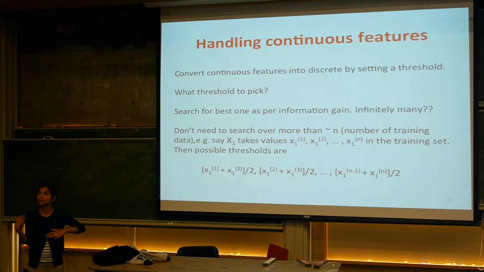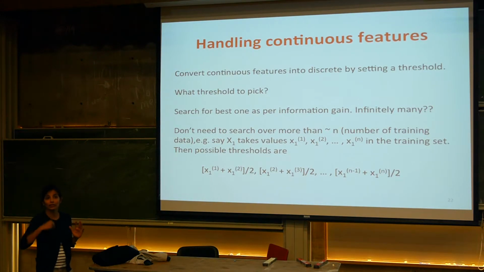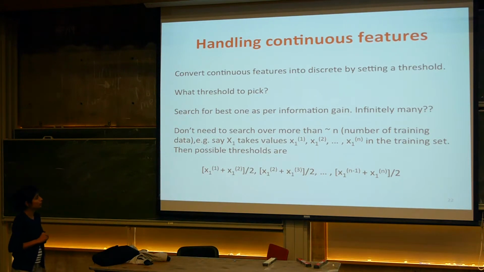different thresholds, right? So say the smallest value I observed was 0.1. The next unique value that occurred was 0.3. So I only need to test in between. I can put a threshold at 0.2. Between any 2 consecutive values that you observe, you only need to test those thresholds. So you only have n minus 1 candidate thresholds to check.